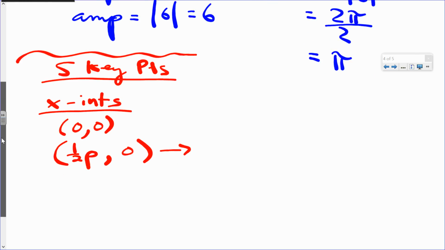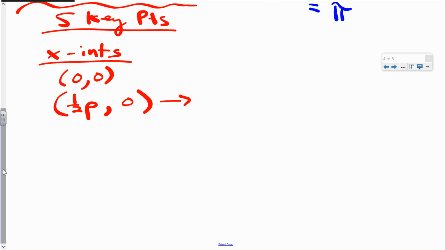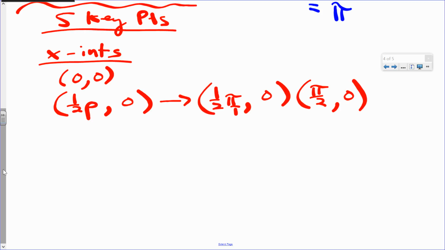Amplitude is 6. So 1/2 times the period, 1/2 times pi, is just pi over 2. So pi over 2 is my x coordinate, and 0 would be my y coordinate.